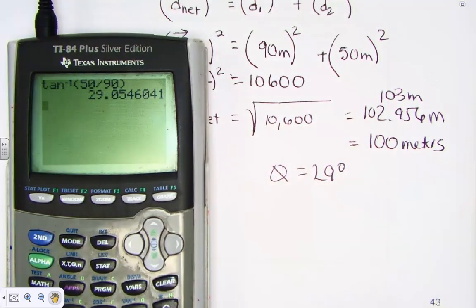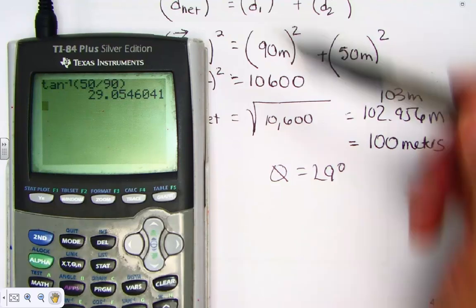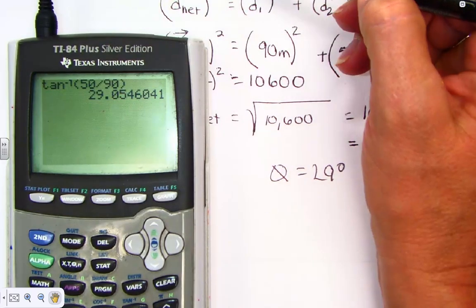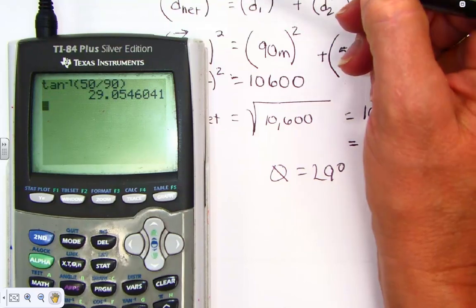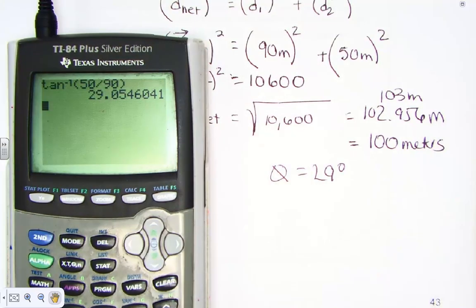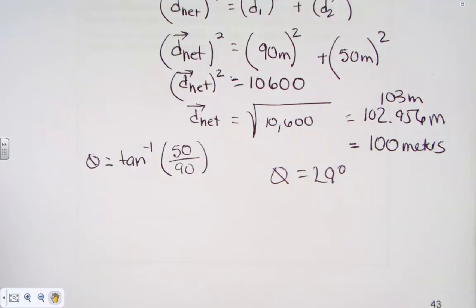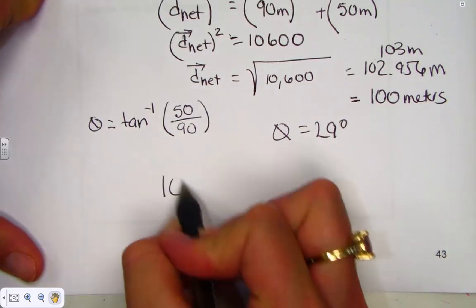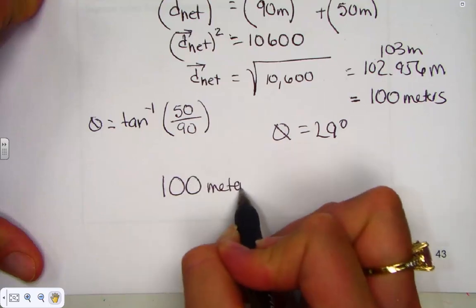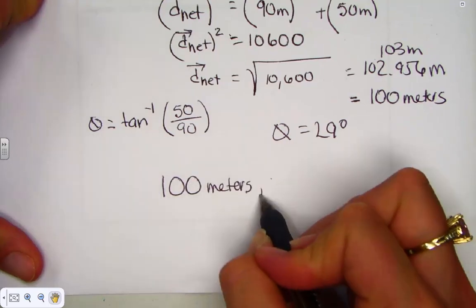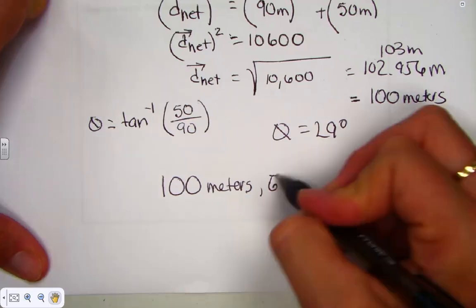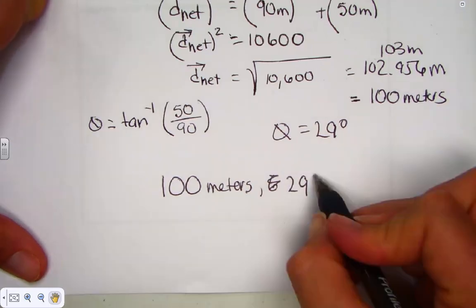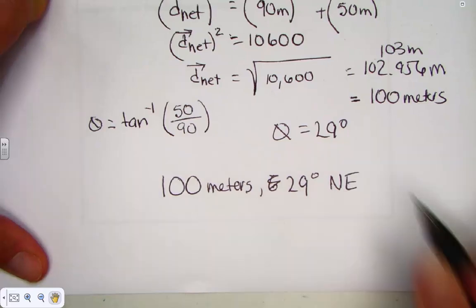29 degrees means what? 29 degrees means that the net displacement is 29 degrees north of east. So to report out a number, a unit, and a direction for my displacement vector: 100 meters, 29 degrees north of east.